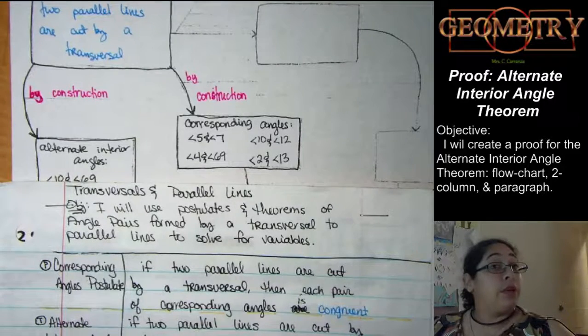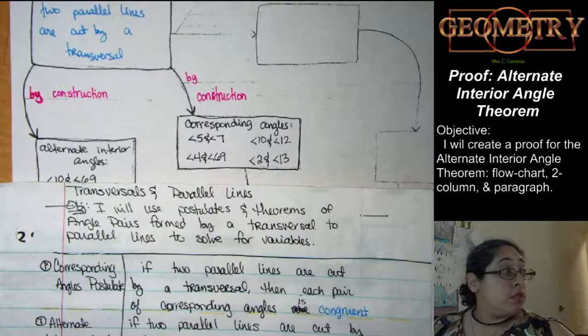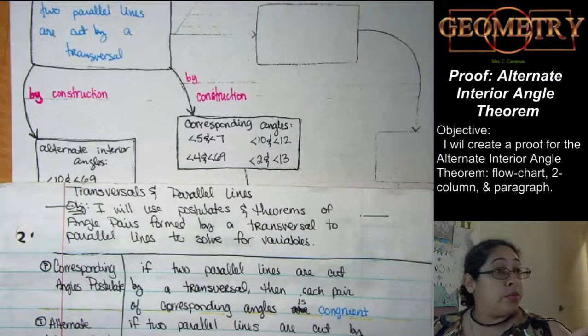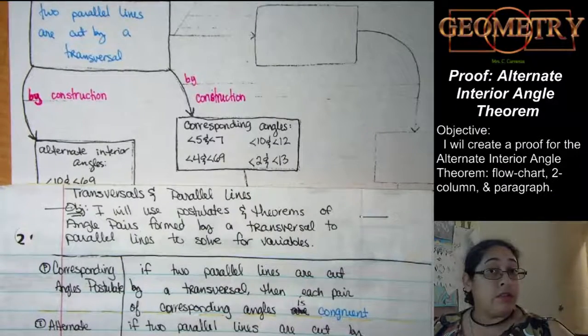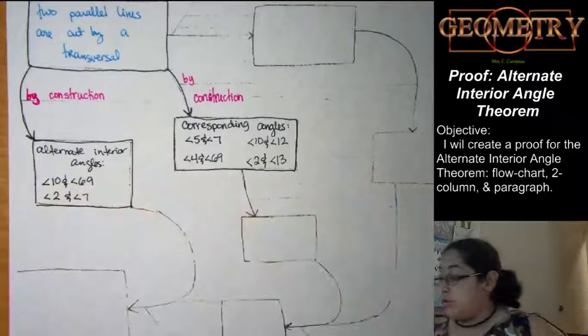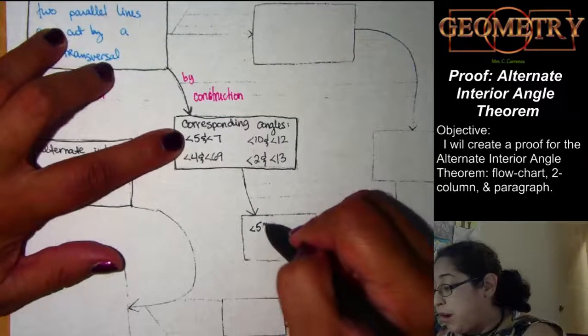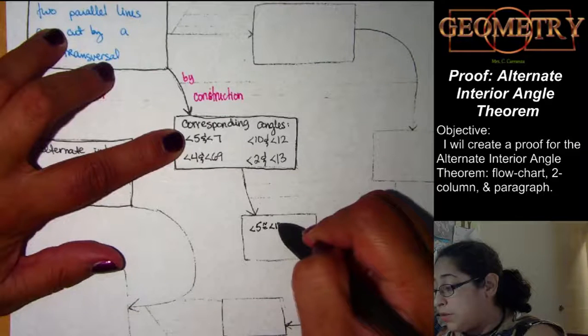It says if we have two parallel lines cut by a transversal, then corresponding angles are congruent. Do we have a list of corresponding angles? Then the pairs are congruent. So this next box, I can write that each one of these pairs has a congruent sign.